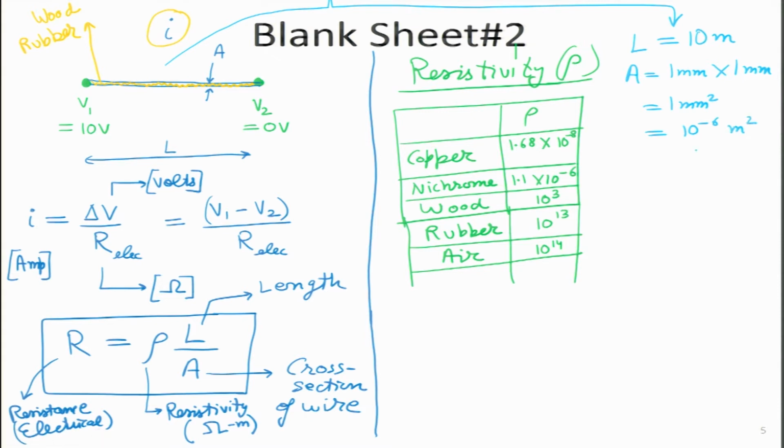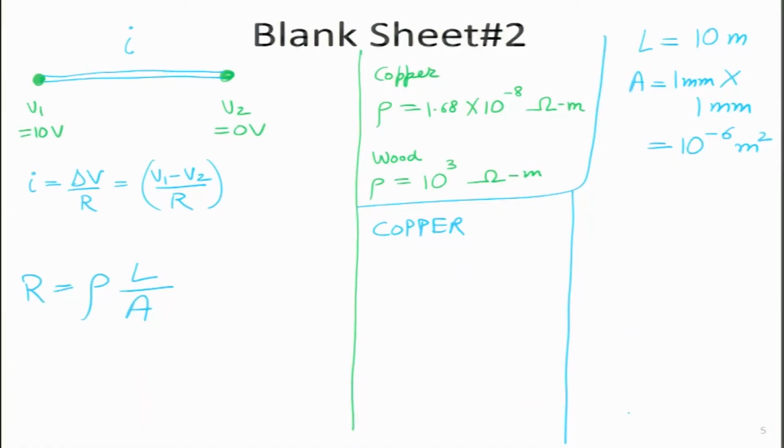Now, based on this, let us go back on the slide and see that we were trying to calculate the value of resistance for copper, which is given by rho L by A, and the value of resistivity for copper is already known to us. So, I can plug in these values over here, and I have done that calculation. So, I will present the result to you.